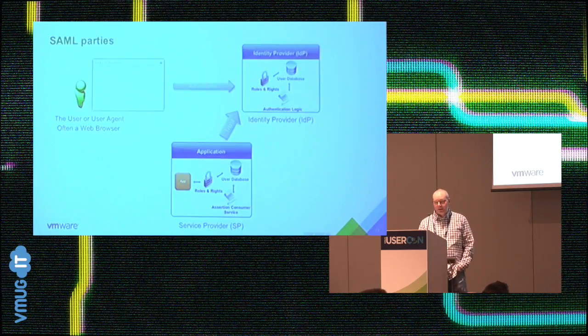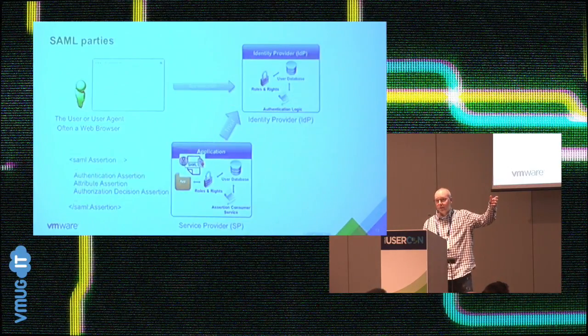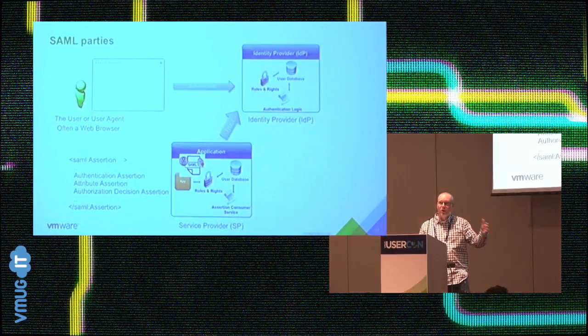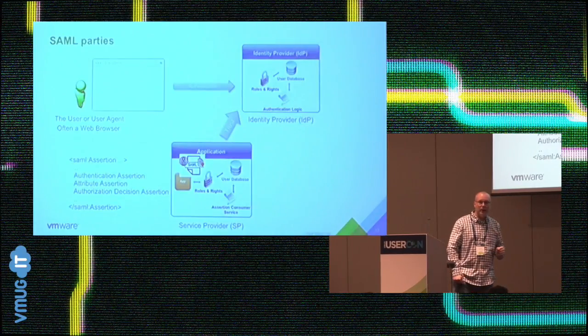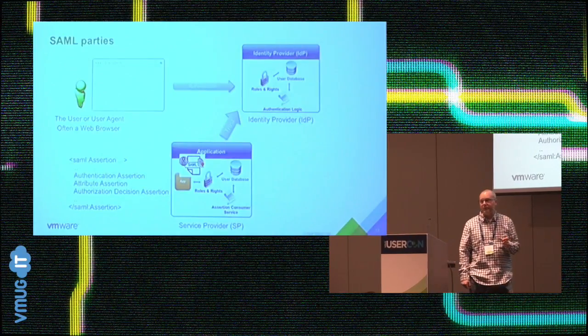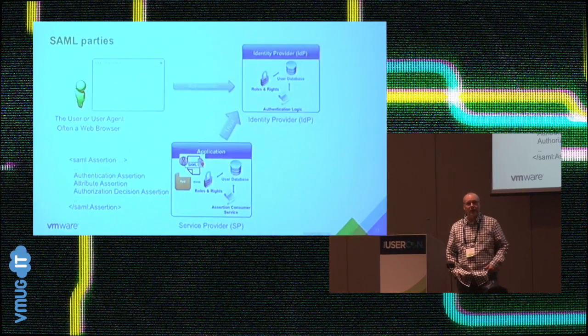And when the user authenticates into the identity provider and requests a resource, the service provider in this case, a SAML assertion is generated and passed somehow to the application. We will cover a couple of different methods of passing the SAML assertion over to the application.